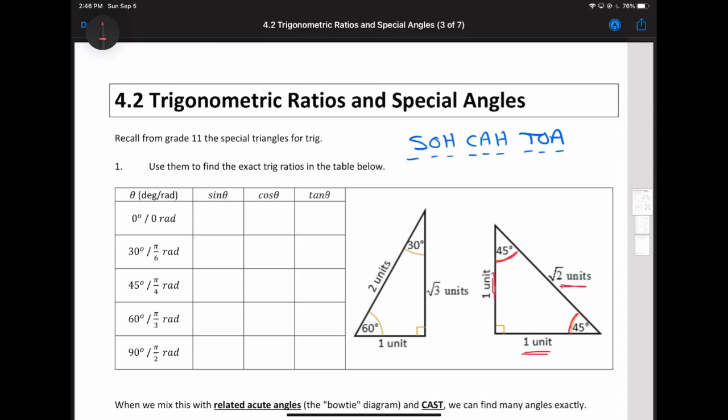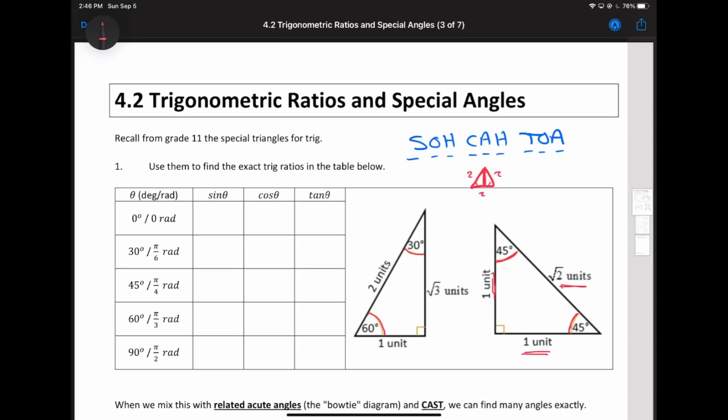Similarly, and this one's a little bit less obvious, but over here we have a 60 degree angle and a 30 degree angle. And if you want to know where these numbers came from, technically they came from a triangle that was equilateral and had 60 degrees in each angle, and we labeled each side as 2 and then cut it in half and ignored one of the sides.